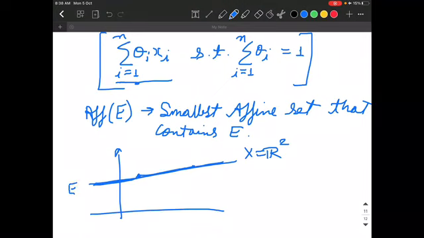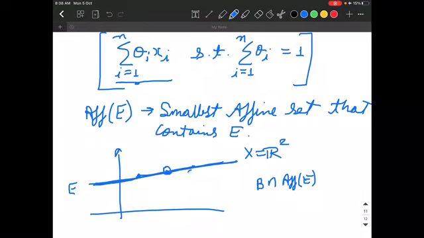This is the same as this. I mean, this set E is already affine. So we take any ball around this point. This ball does not lie in E. No open ball about any point on this line lies in E. However, consider the intersection of this open ball with affine of E, which in this case is E itself. What is this?